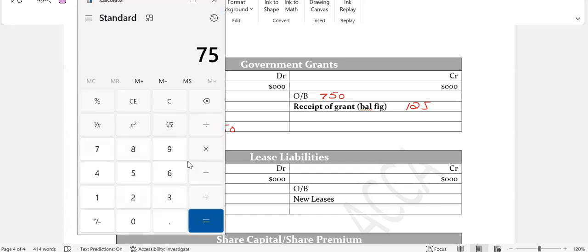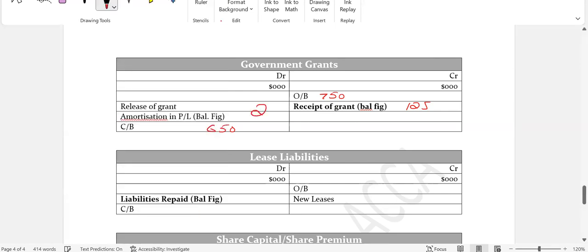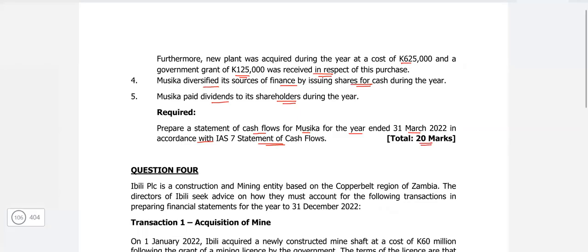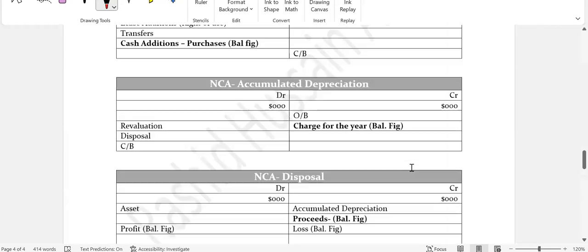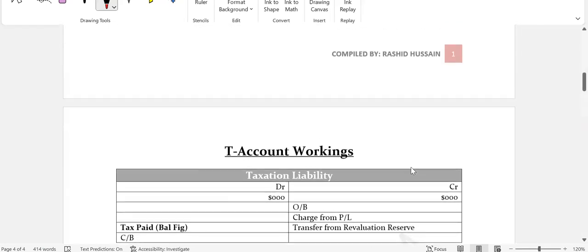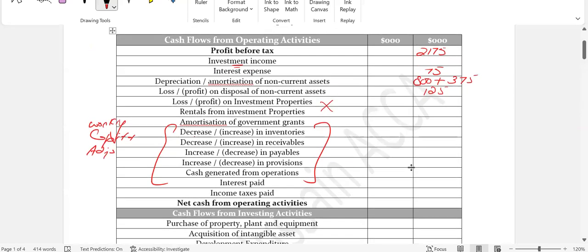So we do 750 plus 125 minus 650. So the amortization of the government grant is 225, calculated as a balancing figure. We go back to the question and write this 225 over here, which is the amortization of the government grant.